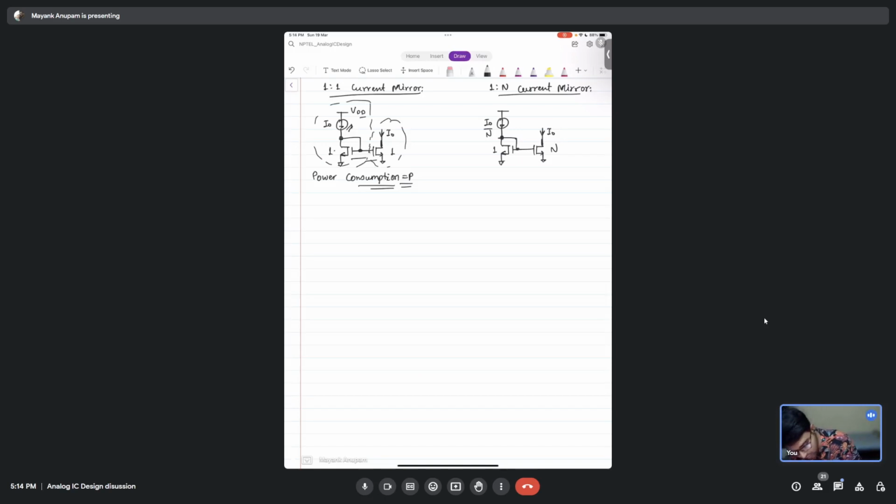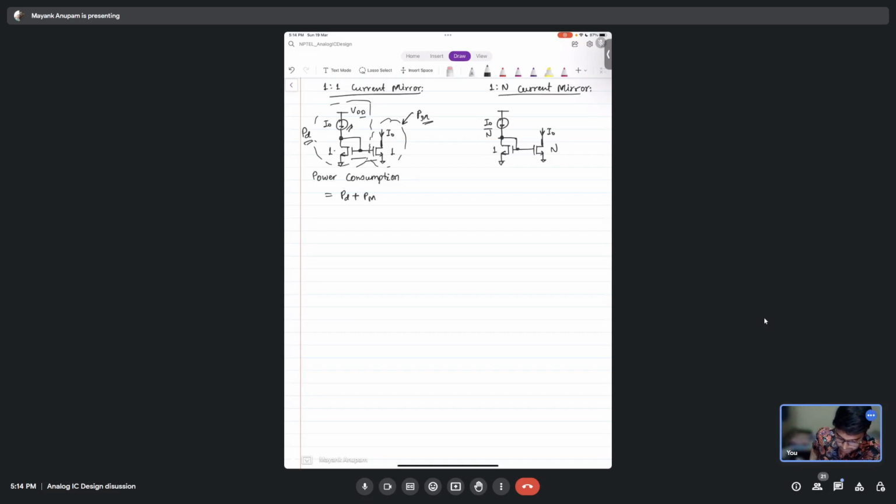So let's call this power PD for P diode, and this PM for P mirror. So P will be equal to what? Power consumption will be PD plus PM, isn't it, in this case?